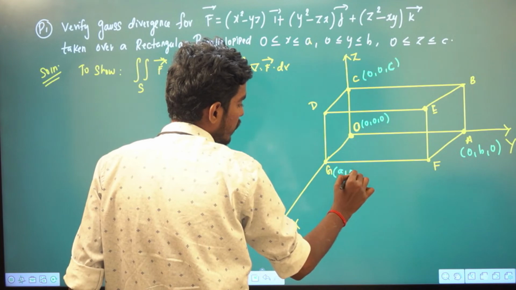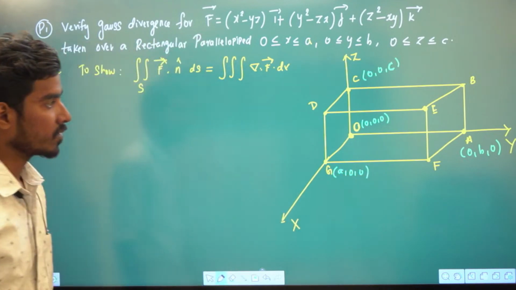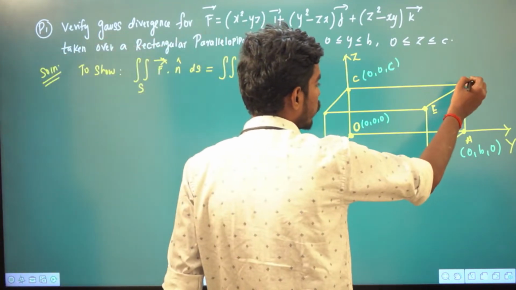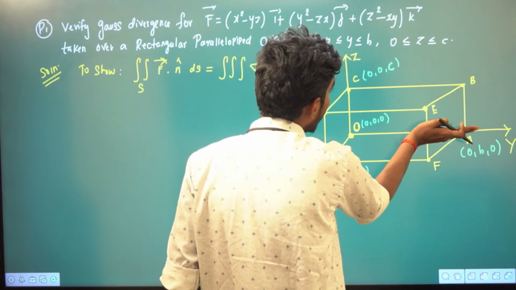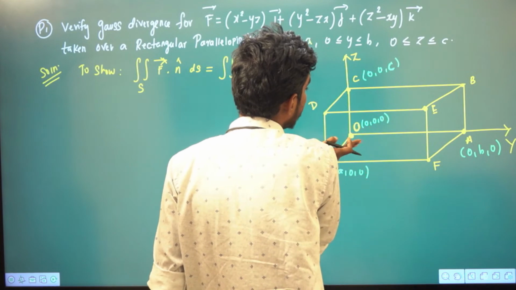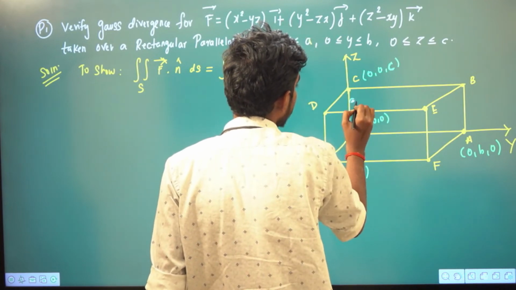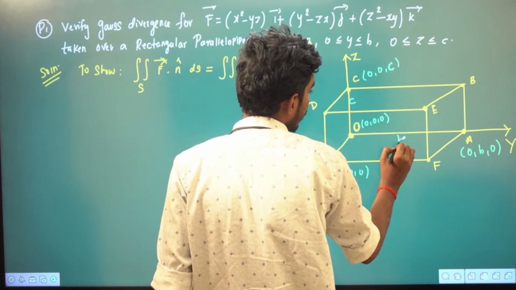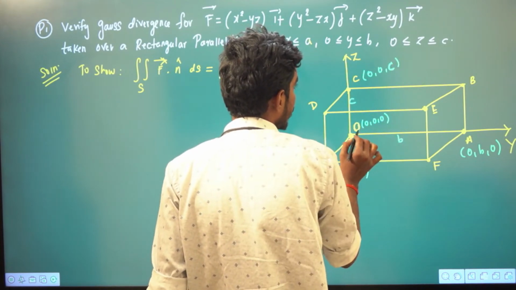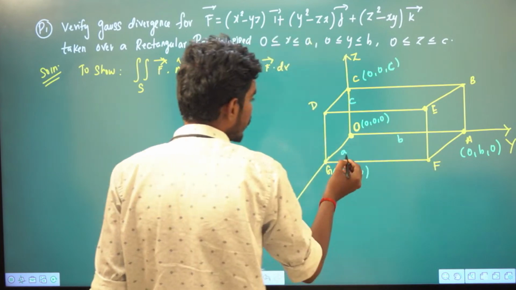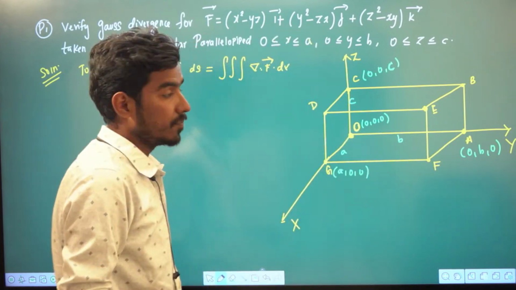This point will be a, 0, 0, right? This length is c, this length is b, this length is a, because z varies from 0 to c, y from 0 to b, x from 0 to a.